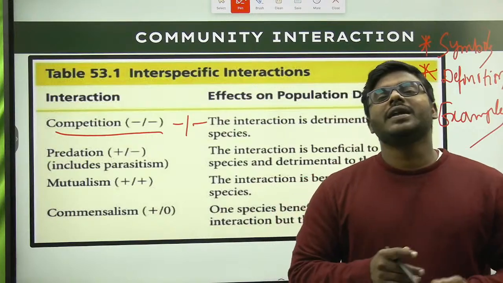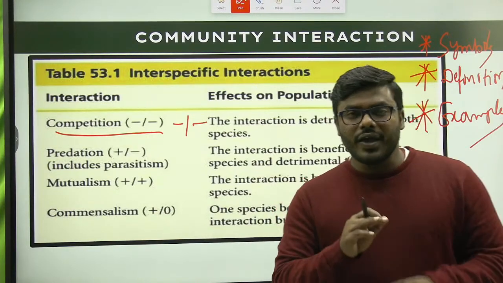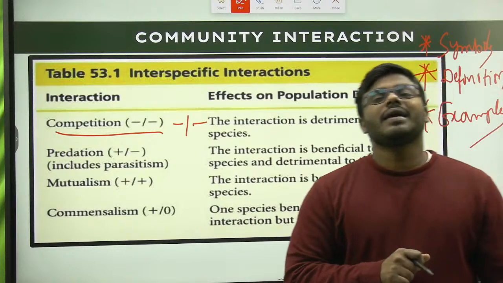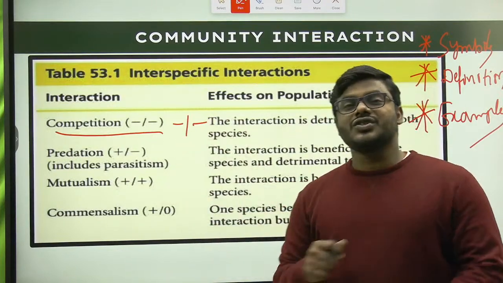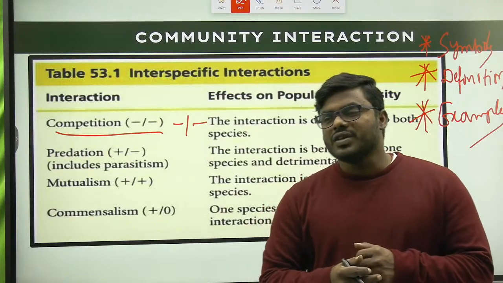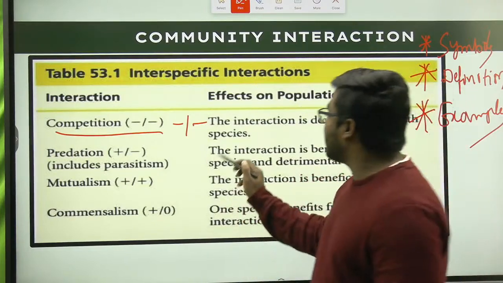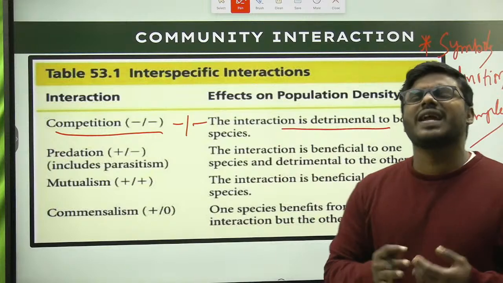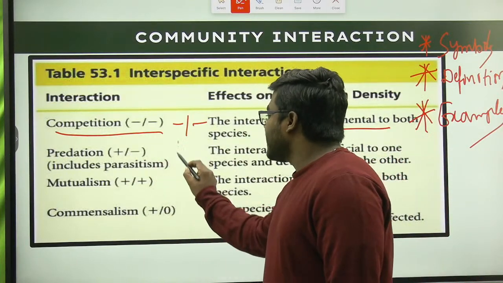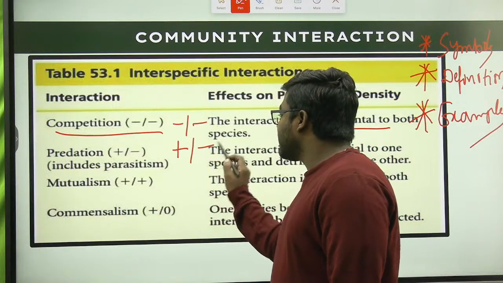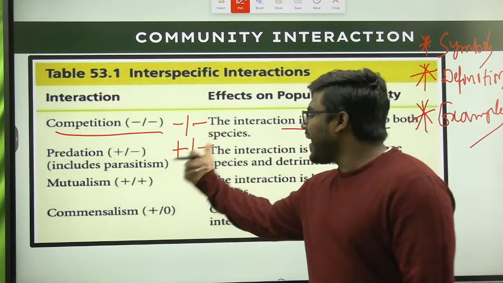So competition is an interaction where both organisms negatively affect each other, a type of interaction which is completely detrimental to each other. Now predation. When you look at predation, the common symbol is plus minus.